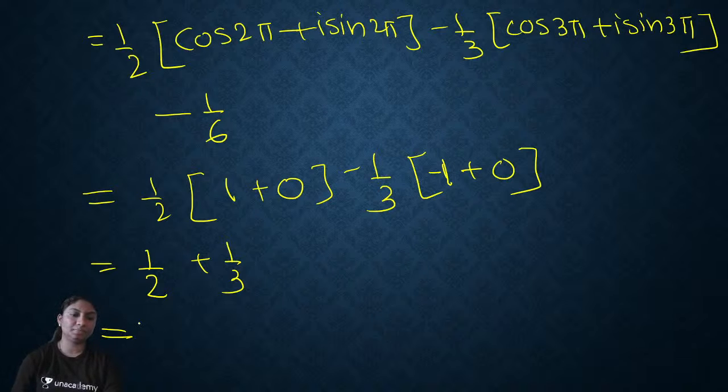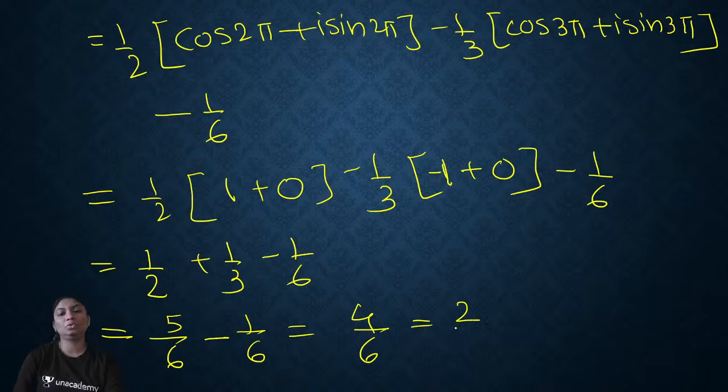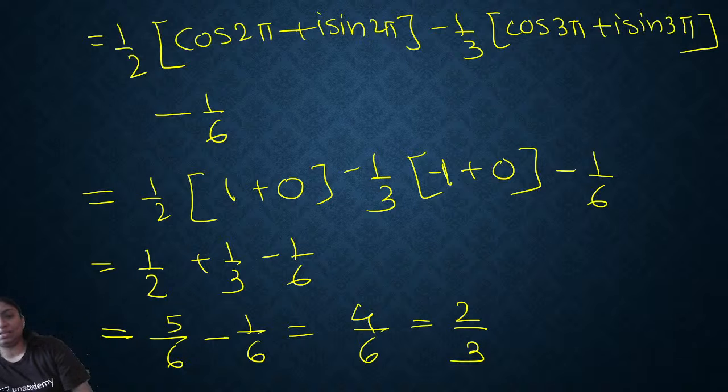So here is 3 plus 1, and minus 1 by 6. So 5 by 6 minus 1 by 6, which is equal to 4 by 6, 2 by 3 is the final answer. Okay, 2 by 3 is the final answer.